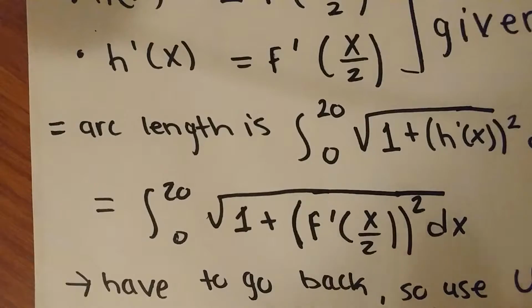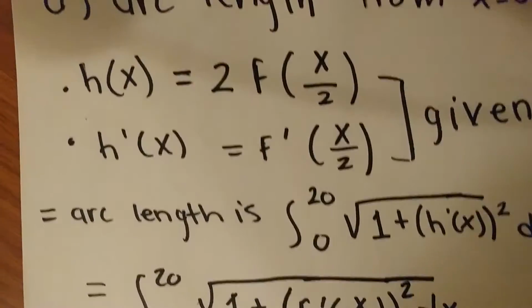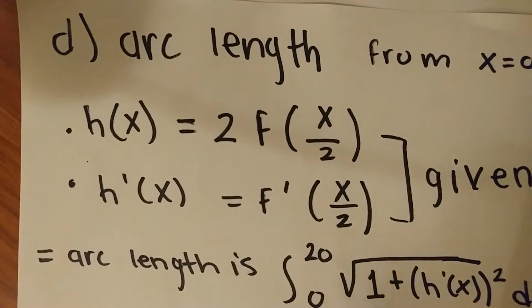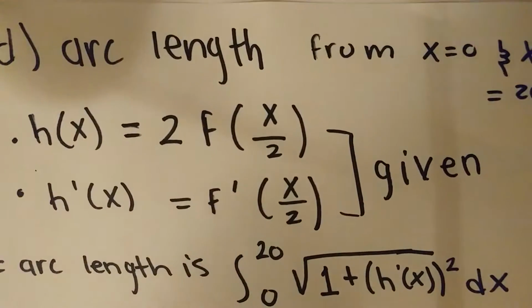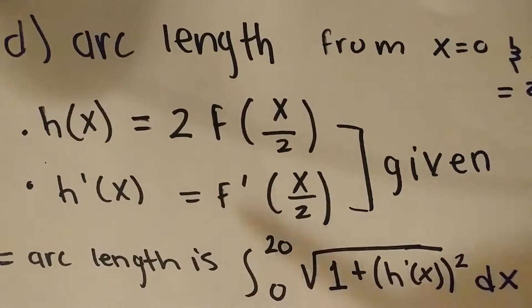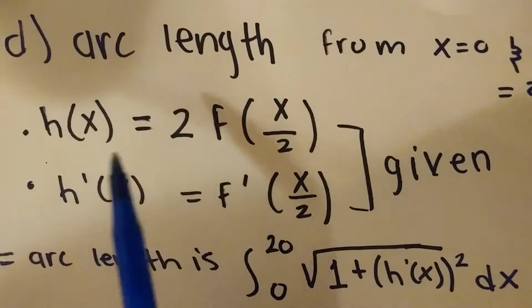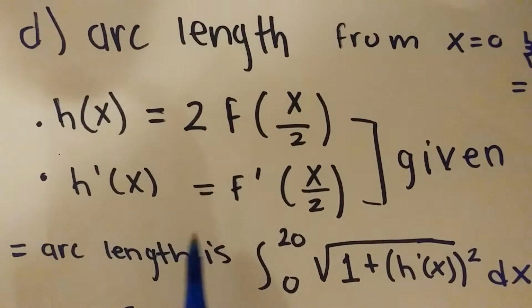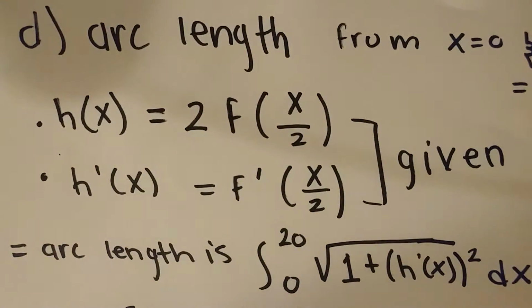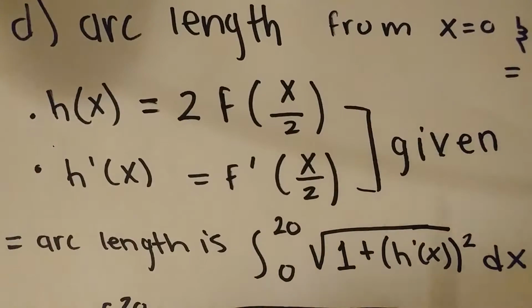So part D is about arc length. So it's arc length from x equals 0 to x equals 20. Those become our new bounds, and we're given the equation h of x equals 2f of x over 2, and h prime of x equals f prime of x over 2.